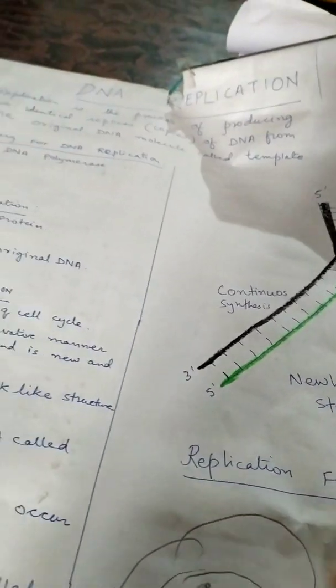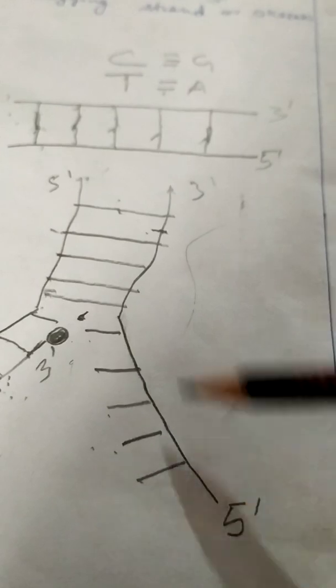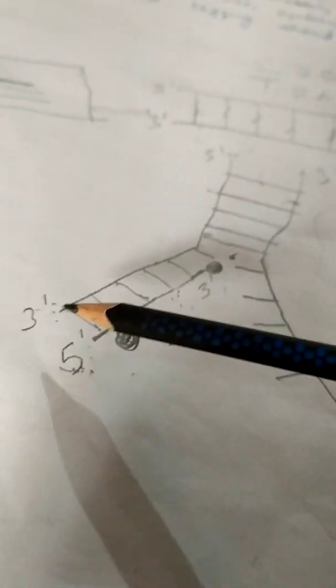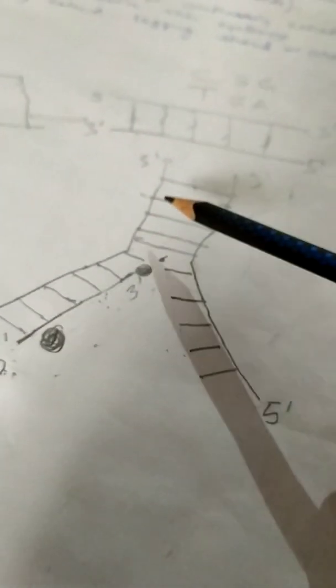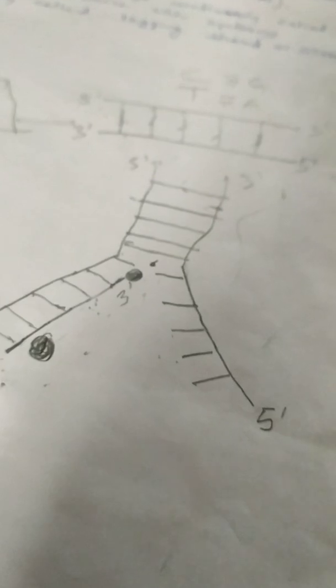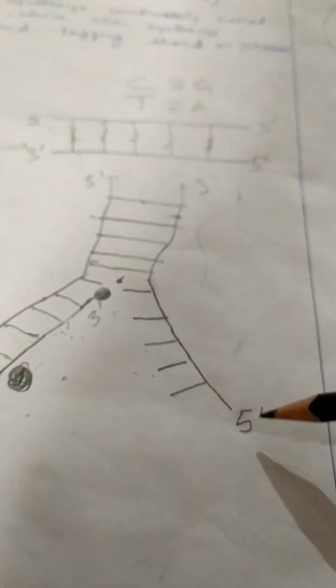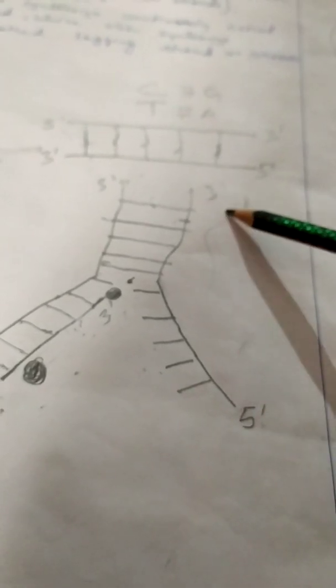Okay, so let us come to the other strand. This is the old strand, in which the polarity is 3' to 5', as we saw here, whereas in this case the polarity is just opposite. It is 5' to 3' as shown here.